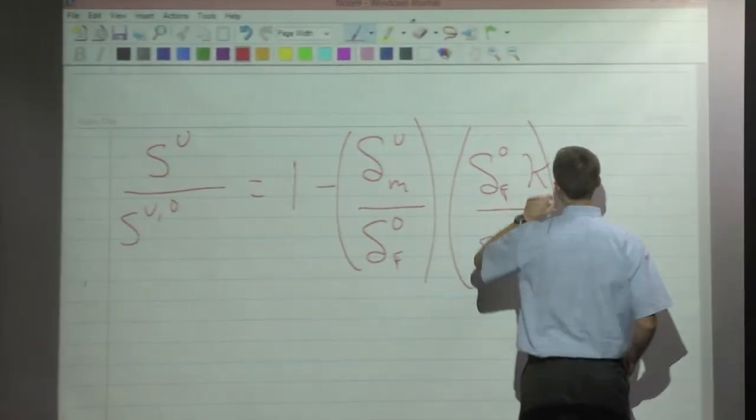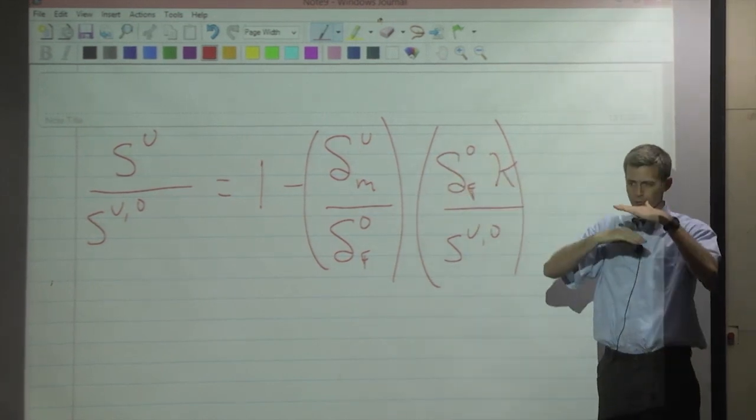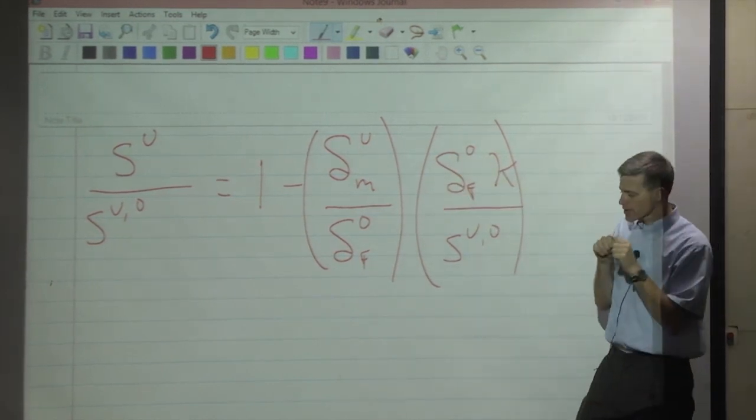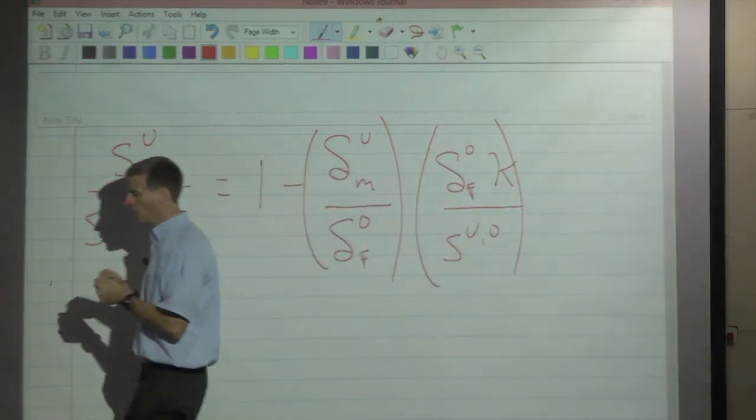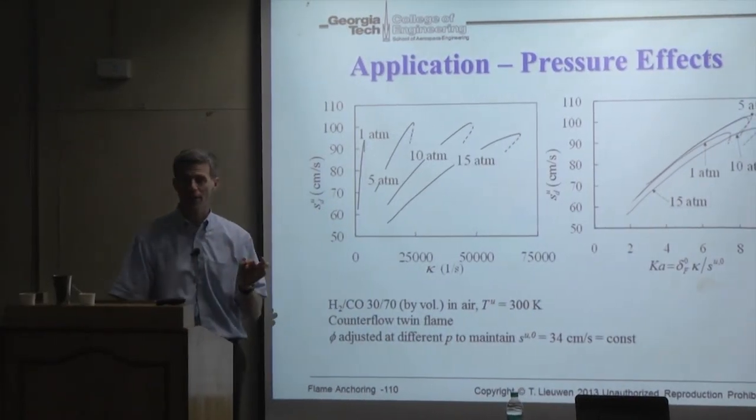So what's happening here is that for the same dimensional value of kappa, the flame is getting thinner. And remember, ultimately, the reason the flame is sensitive to stretch in the first place is because it has finite thickness, right?